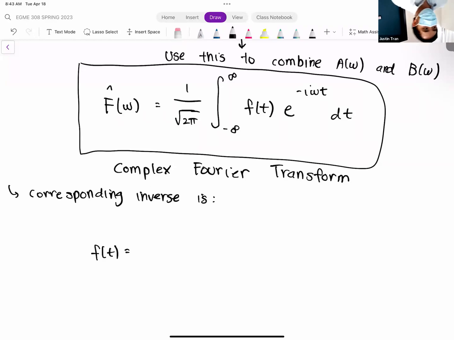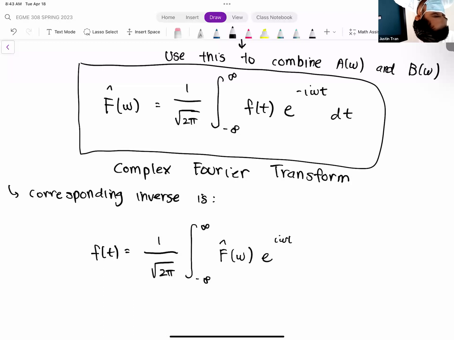The inverse takes our Fourier transform function, f of omega, and transforms it back into the time domain. So we have 1 over square root of 2 pi, and then go from minus infinity to infinity of f of omega, e to the i omega t, d omega.